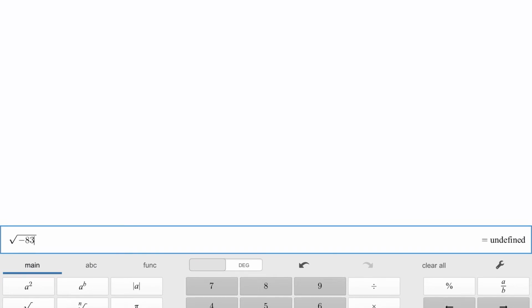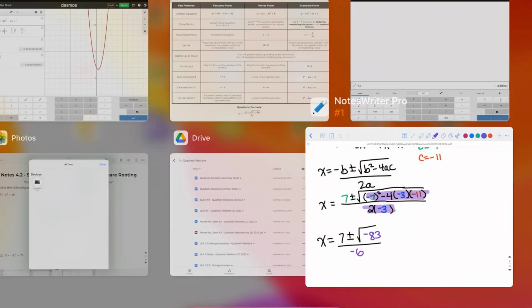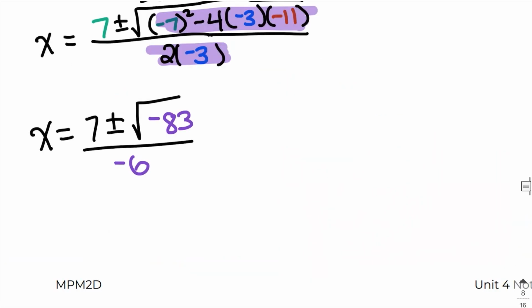I am told that it's not possible, which should make sense because there's no way that I can multiply a number by itself and get a negative number. If both numbers are positive, they give me a positive. If both numbers are negative, they give me a positive still. The only way we get a negative is if one is positive and one is negative, but then they're not the same number. So it's impossible to take the square root of a negative number.